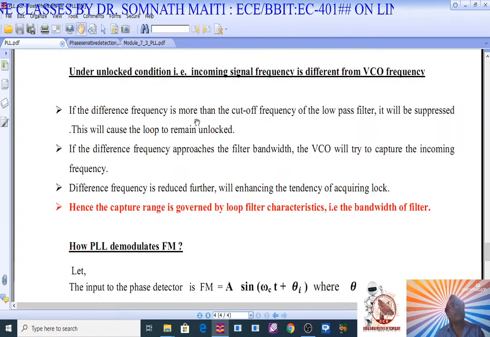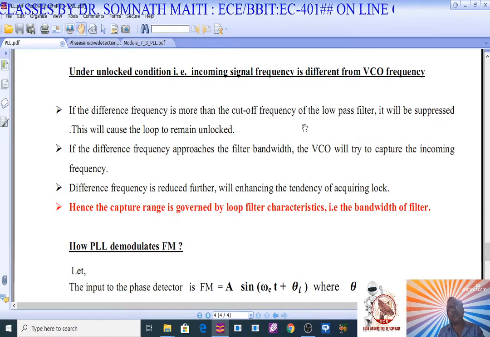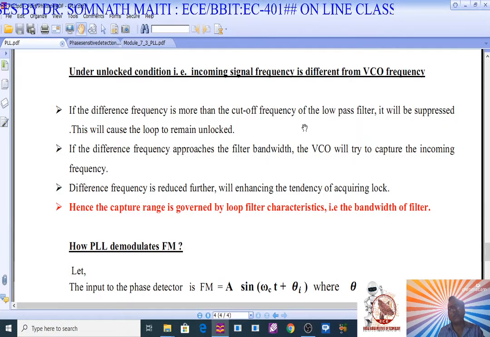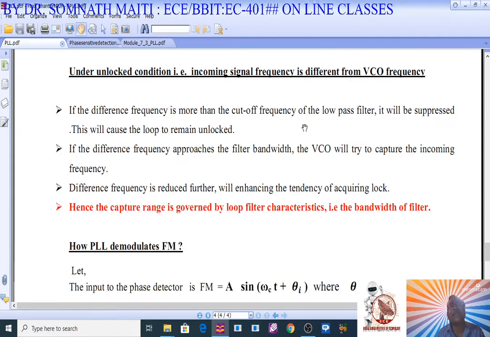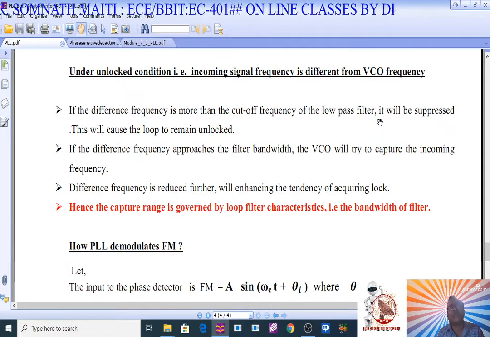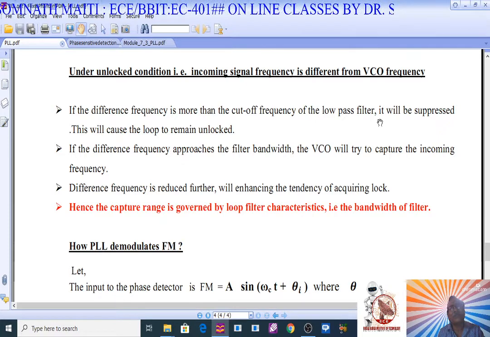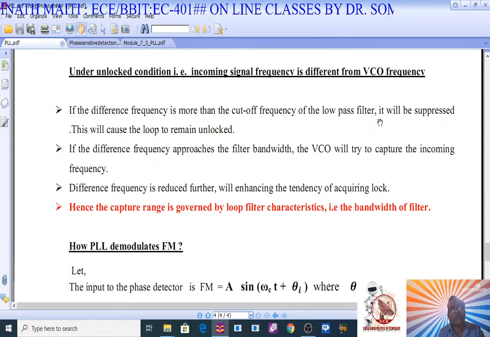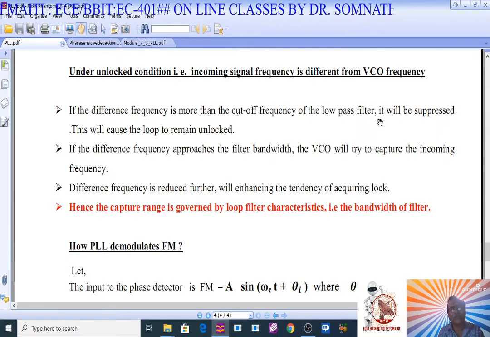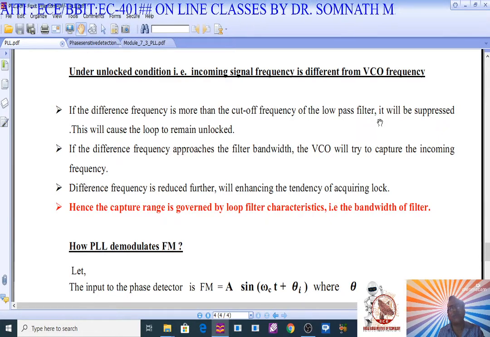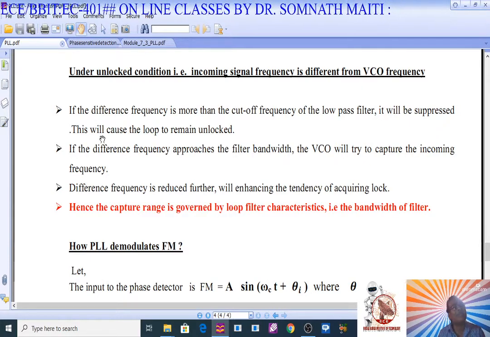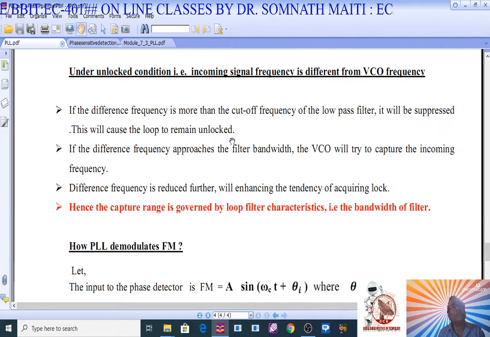If the difference frequency is more than the cutoff frequency, let's say 3 kHz, it will not be allowed by the low pass filter. So 3 kHz is the bandwidth of the low pass filter, but if this difference frequency becomes, let's say, 5 kHz, it will not be able to capture. Under this condition, the loop will remain unlocked.